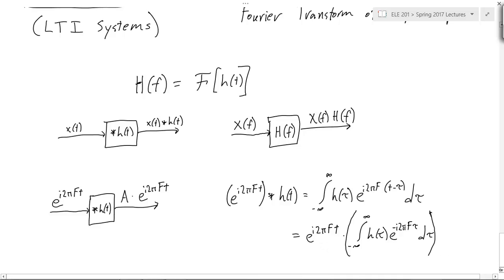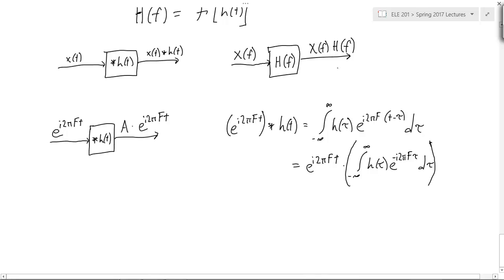But more interestingly, we've just derived the Fourier transform equation. We didn't even use it. We didn't pull it out of anything. We didn't say, let's apply the Fourier transform here. But that is the Fourier transform equation evaluated at the frequency capital F. So this is exactly H of F times e to the i 2 pi F t.